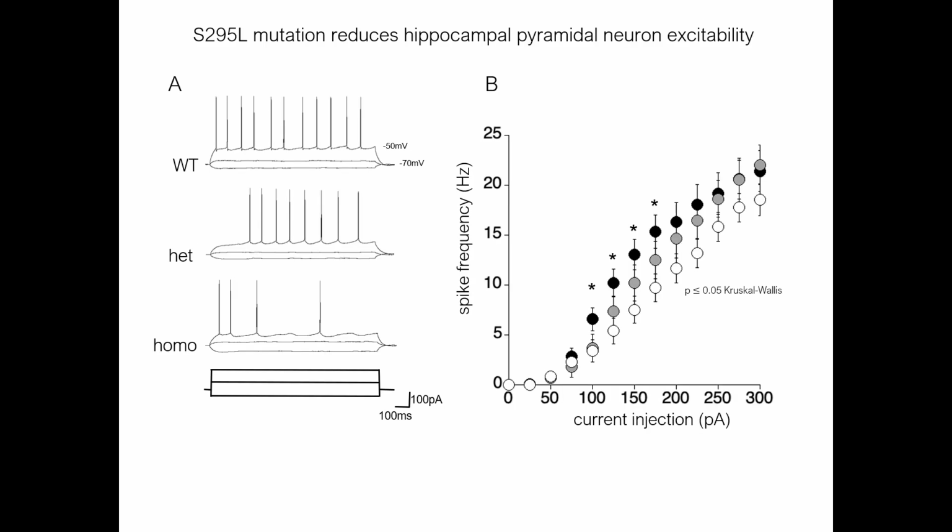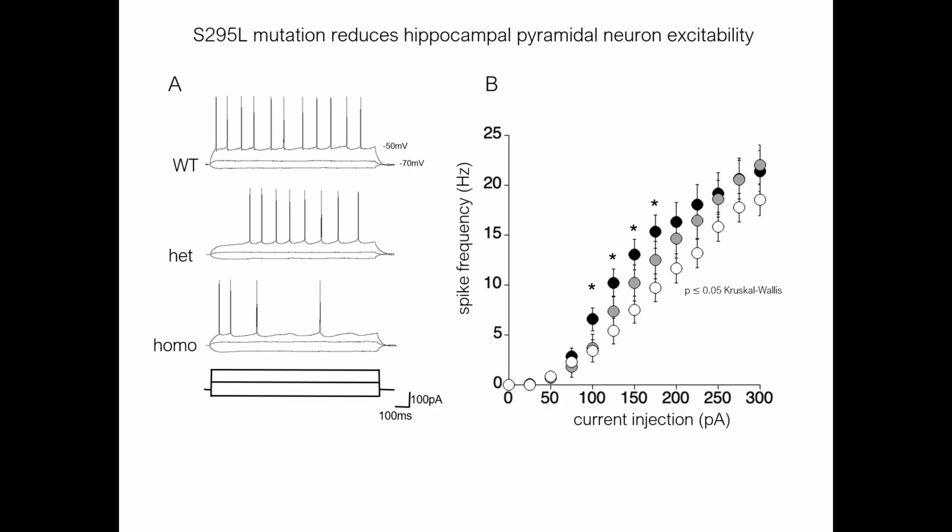So one of the things that happens, I mentioned there's this phenomenon known as shunting that really causes a decrease in the excitation coupling to spiking that occurs in neurons. So we can see this if we compare wild type, heterozygous, and homozygous animals, and these are whole cell patch clamp recordings of neurons in the hippocampus.